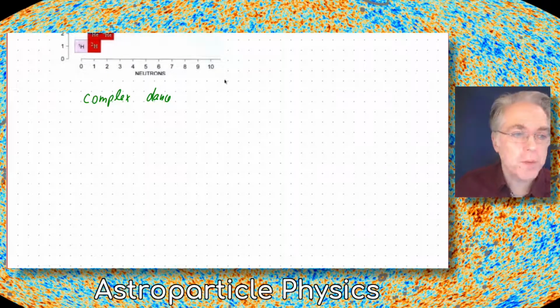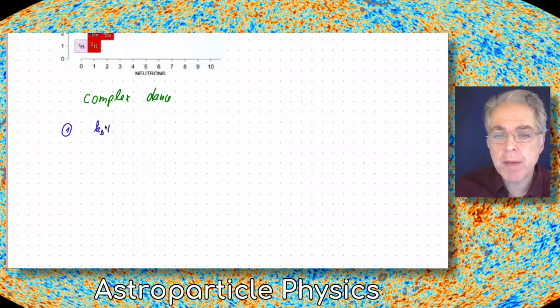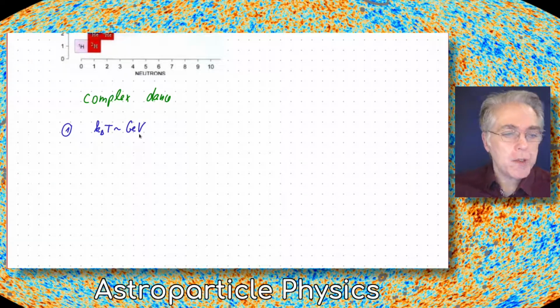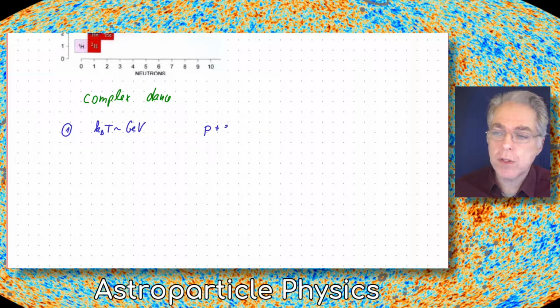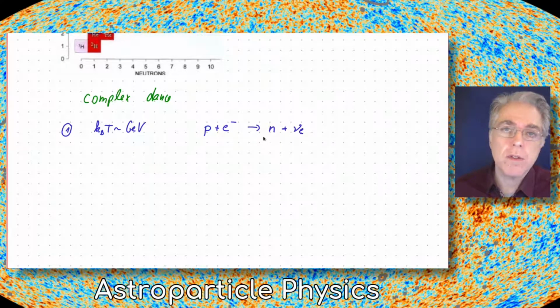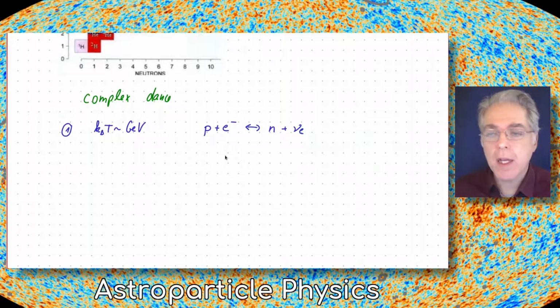So let's start out at a much higher temperature. Let's say we start out with k_B T to be of the order of GeV. So at GeV energies, we still have a thermal equilibrium. That is, the processes which change protons into neutrons, like for example the capture of an electron, going into a neutron plus an electron neutrino, basically work in both directions and at equal rates, so that you basically have the same amount of protons and neutrons around.